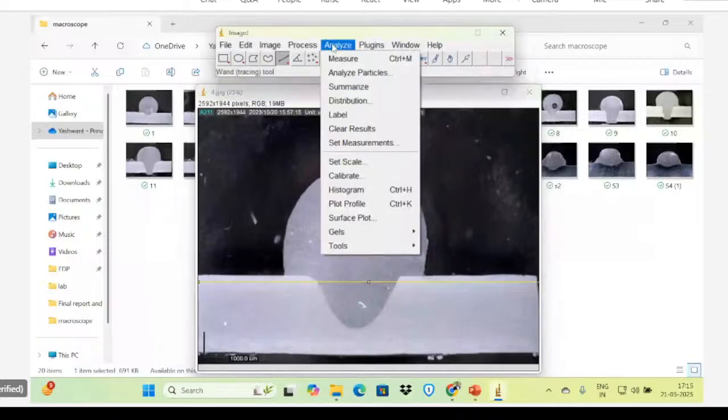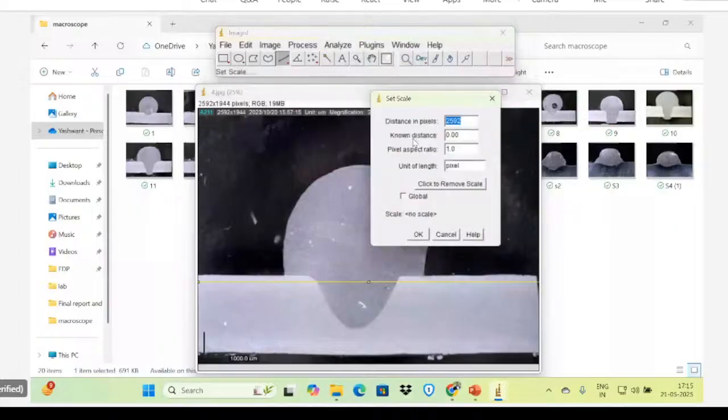We go to Analyze and then Set Scale. After Set Scale, you can see the distance in pixels: from this point to this point there are 2592 pixels. But you should know the known distance. Suppose I put 10 as the known distance and 10 as the unit. The pixel aspect ratio is 1 only.